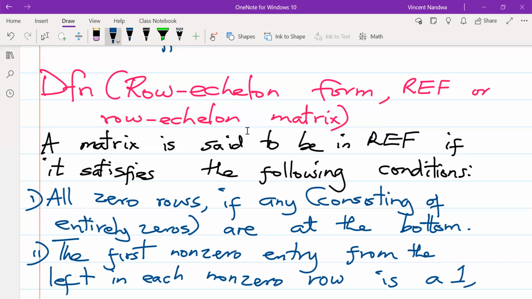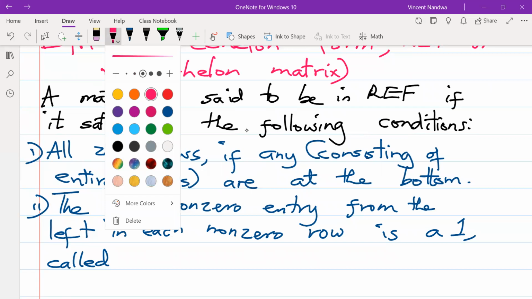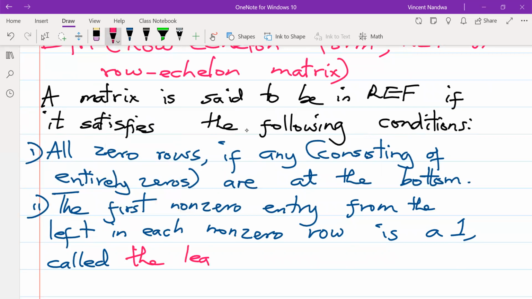And this one is called the leading 1. Any non-zero row means that at least in that row there is a position that has a non-zero value. Then the first such number must be 1, which we call the leading 1 for that particular row.